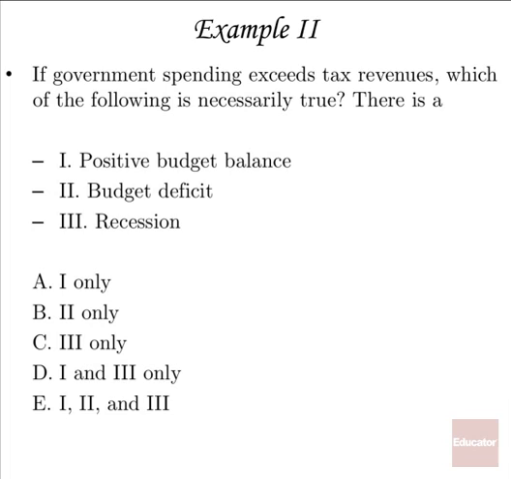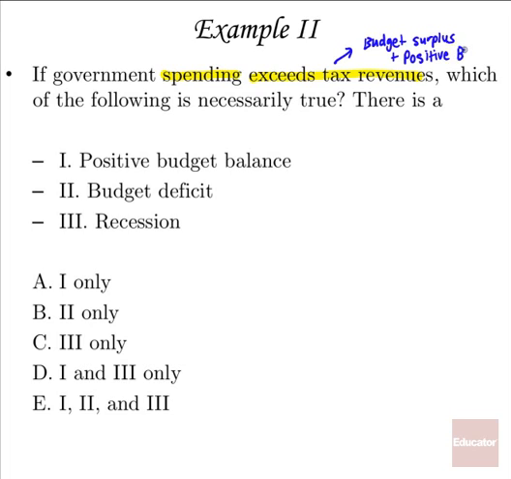So let's take a look at example number 2. This is a little bit simpler multiple choice question. So if the government spending exceeds tax revenue, then this is going to be a budget surplus. So another way of saying budget surplus is going to be a positive budget balance.